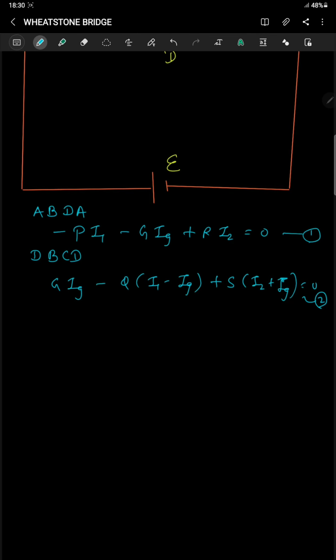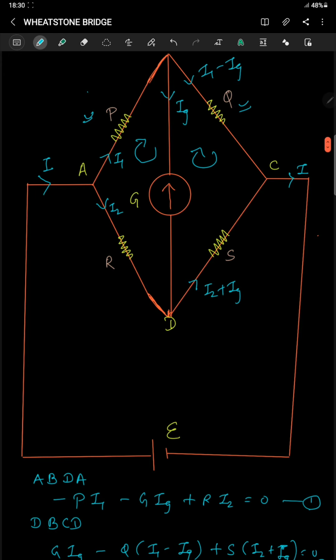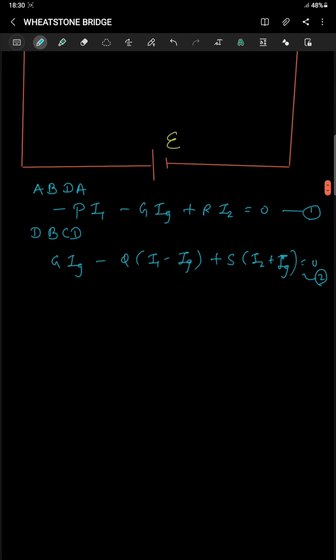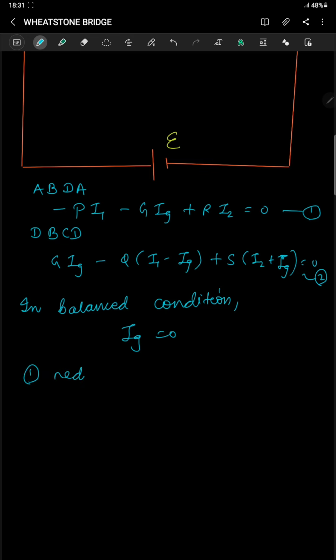Now how can we achieve balanced condition? We say the balanced condition is reached when Ig is 0. So we can write in balanced condition, your Ig is equal to 0. Let me put this in equations 1 and 2 and see how they reduce. Equation 1 now reduces to minus P I1 plus R I2 is equal to 0.